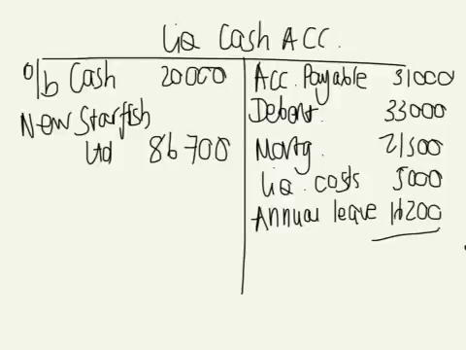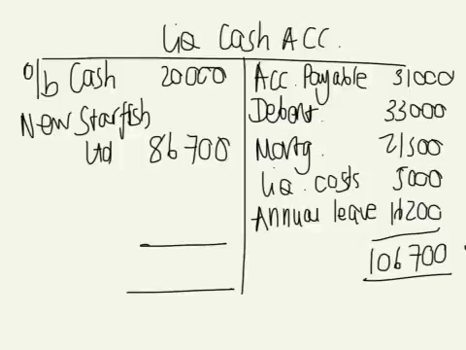So let's see if that adds up. 31 plus 33, 21,500 and 5,000, 16,200 gives us a total of 106,700. So that is the liabilities that were paid.